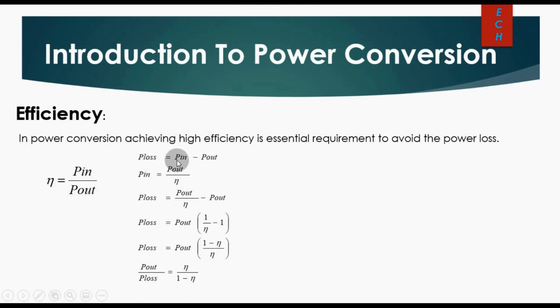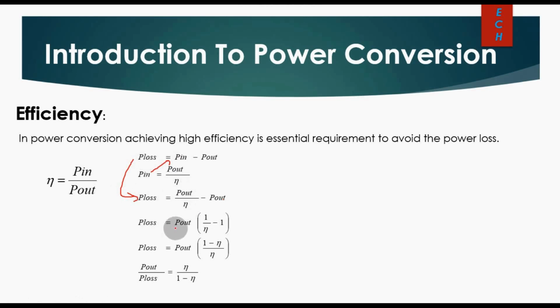Power loss equals input power P in minus P out, the output power. From this equation, P in equals P out divided by efficiency, so if you replace P in, P loss equals P out divided by efficiency minus P out.